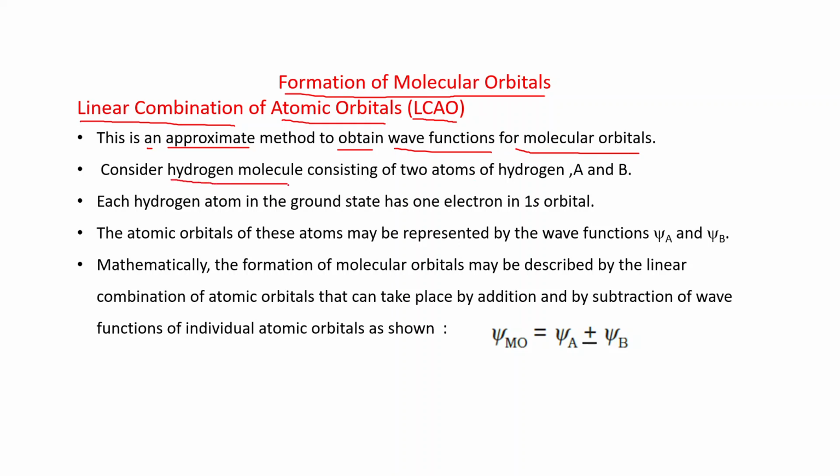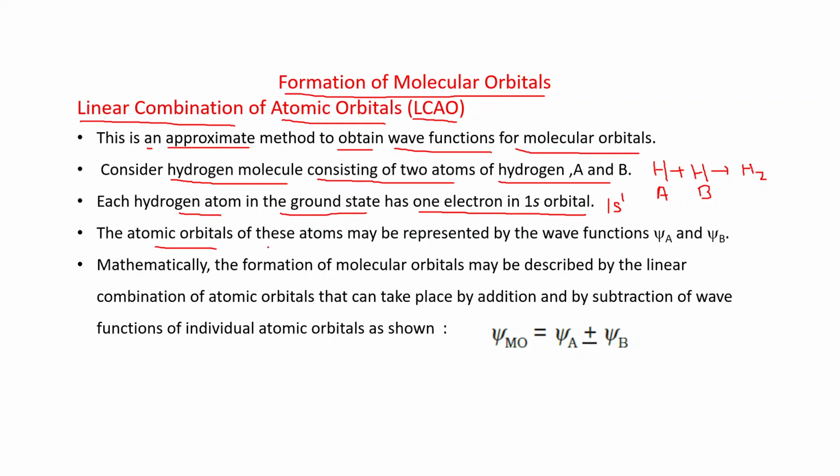Consider a hydrogen molecule consisting of two hydrogen atoms, A and B. Each hydrogen atom in the ground state has one electron in the 1s orbital; we can say the electronic configuration is 1s1.